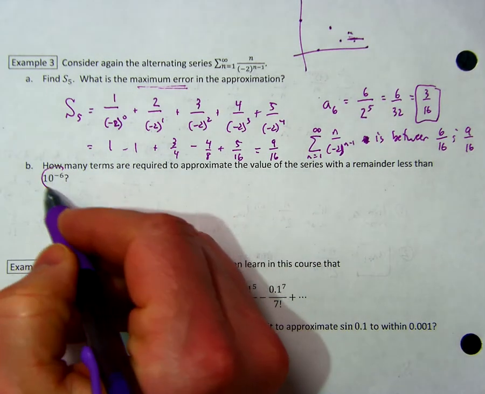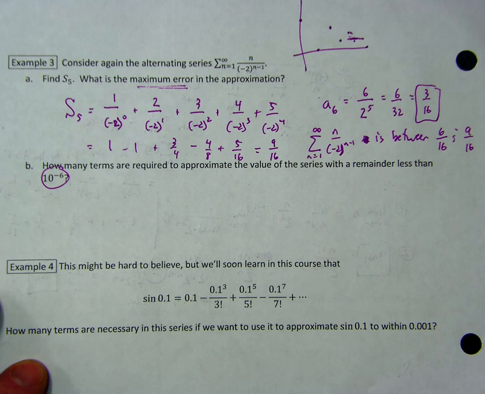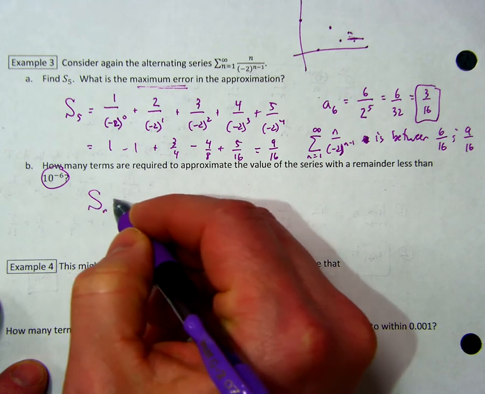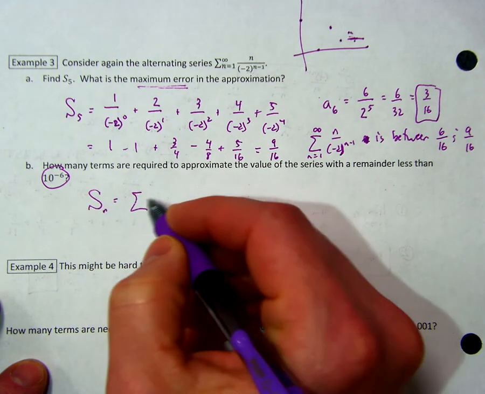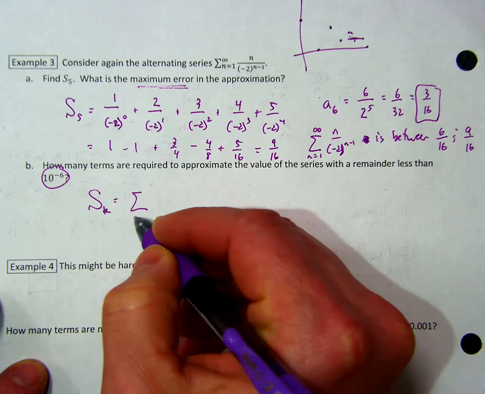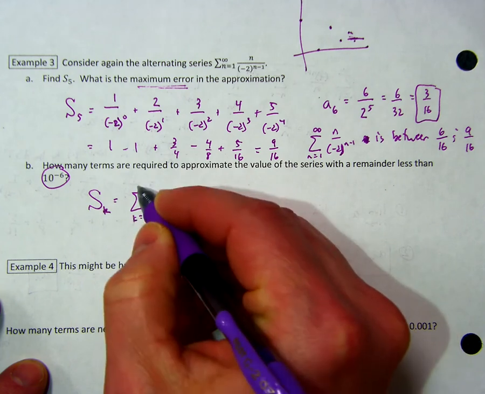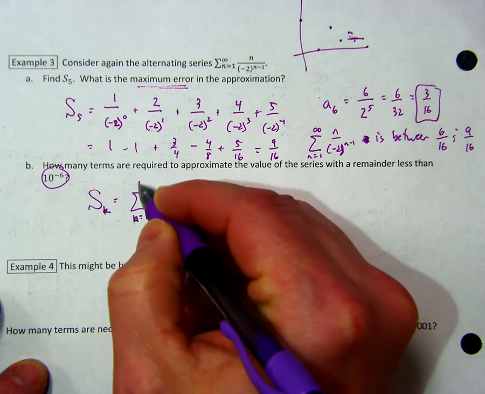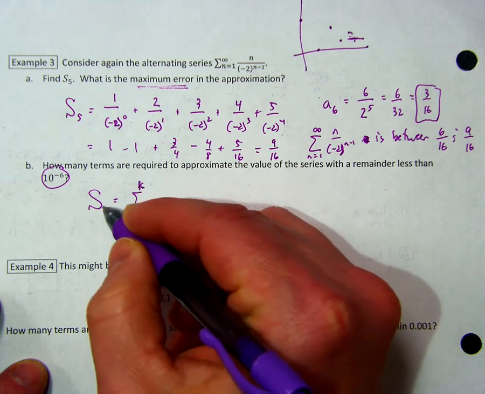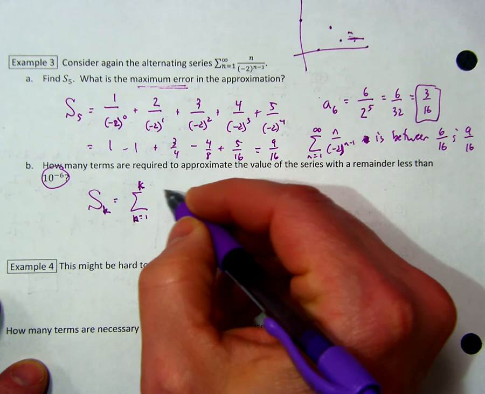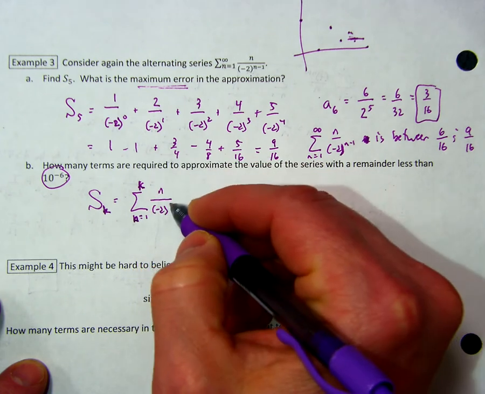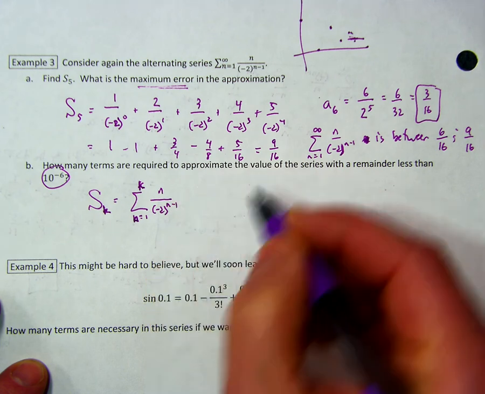What if we wanted to be within 10 to the negative sixth? The key here is the partial sum, let me use S sub k. So it's the sum as n goes from 1 up to k. The partial sum S sub k would be going up to the kth term, n over negative 2 to the n minus 1.